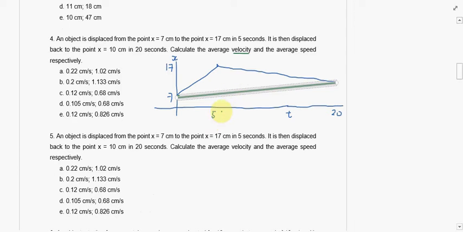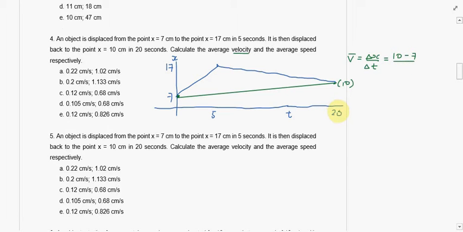So average velocity is just concerned with the change in displacement over the change in time. Well, if I started at 7 and I ended at this 10 over here, so 10 is my final, 7 was my initial, and the change in time, well, that took a total.